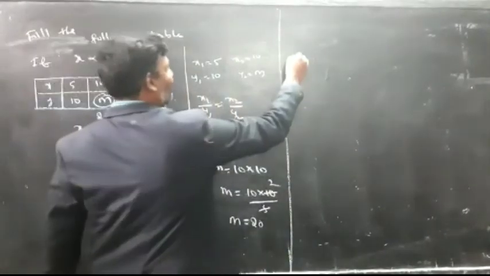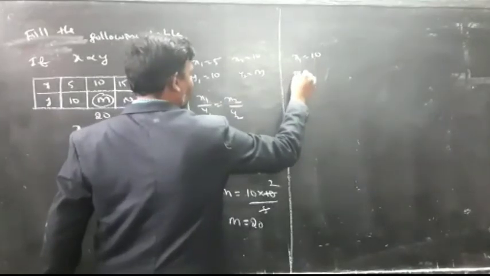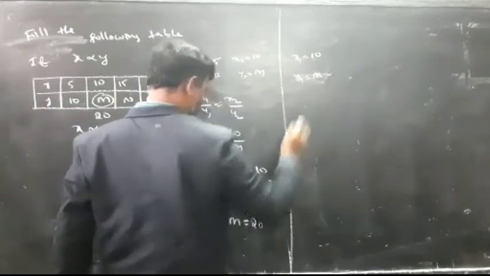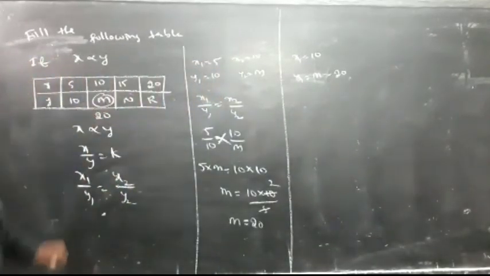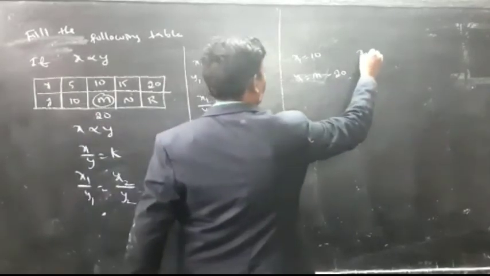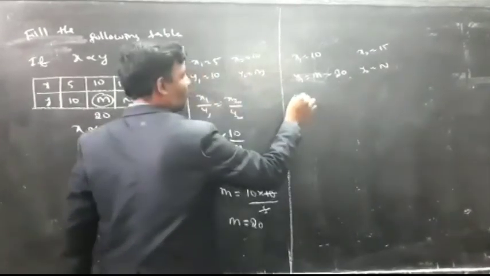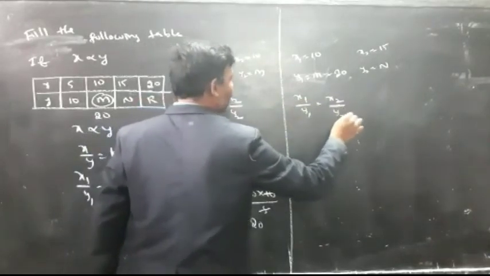Similarly, in the second column, x1 is equal to 10 and y1 is equal to m, which is 20. Then x2 is equal to 15 and y2 is equal to n. x1 by y1 is equal to x2 by y2.